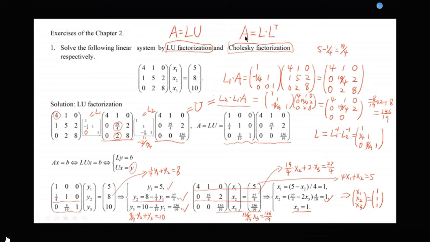That means we can factor A by L multiply L transpose. So the question is how to obtain L, right? Actually, you should understand that the LU factorization is unique, and Cholesky factorization is a special case of LU factorization, right?